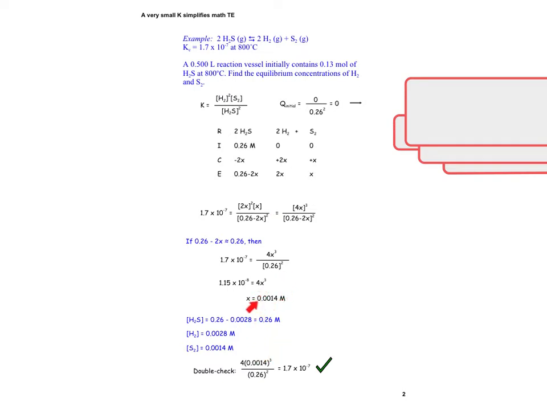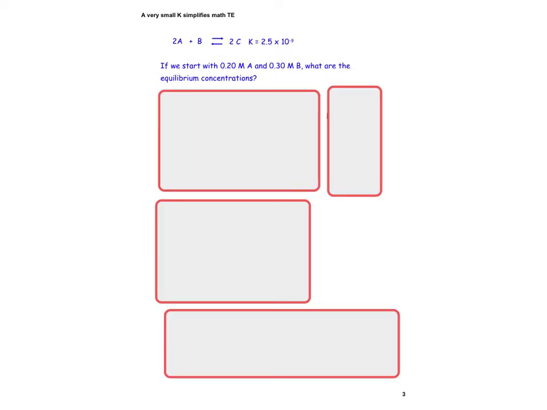All because I assume that my initial minus 2x is still going to be about the same as my initial. Now in this problem, I also have a very small k. So why don't you set up the equilibrium expression and try to make that simplification, and then we'll go over it.